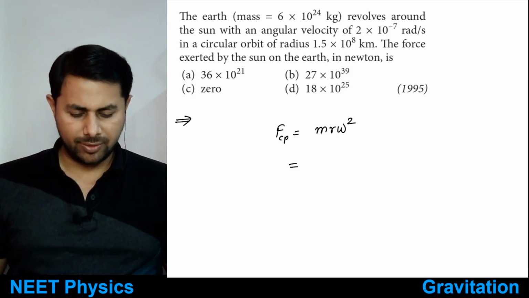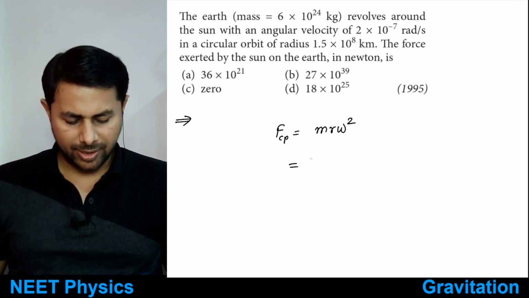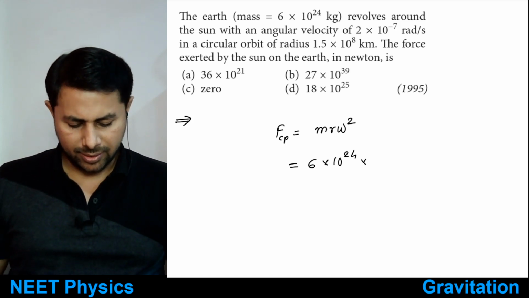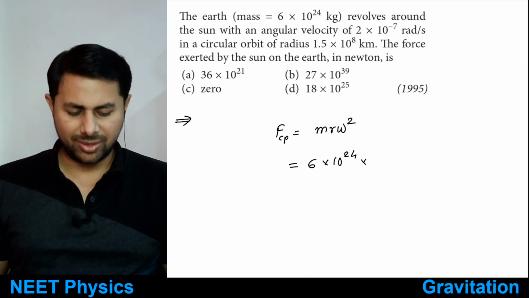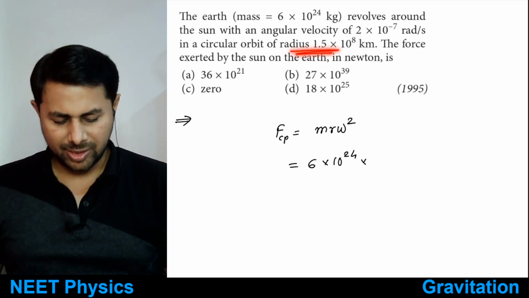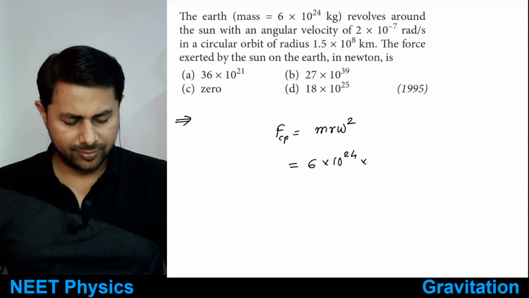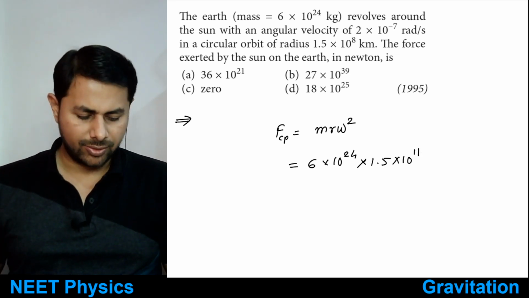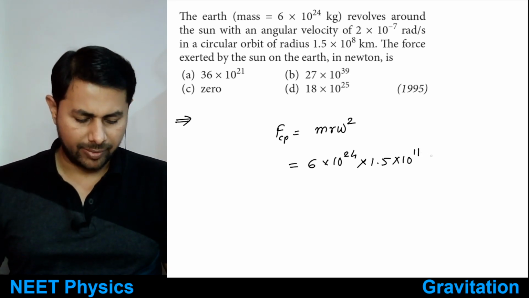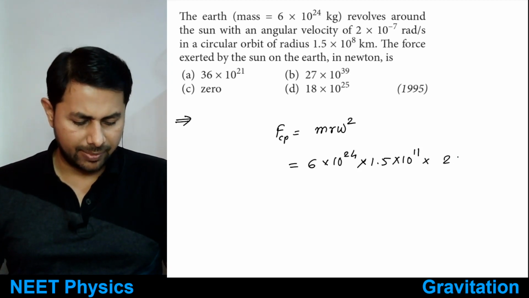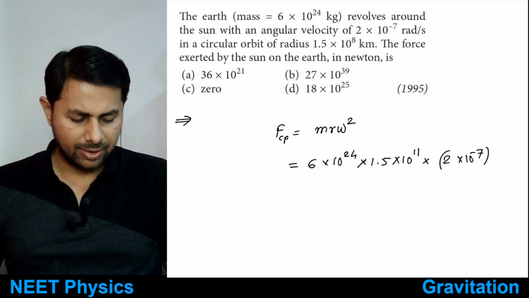So let's just put the values. So mass of earth is 6 multiplied by 10 raised to 24 kgs. Then the radius, radius means not the radius of earth, radius of revolution. Okay, radius of the circular orbit, it's 1.5 multiplied by 10 raised to 8 in kilometers, but then we need to convert it to meters. So 1.5 into 10 raised to 11 multiplied by omega square. So 2 multiplied by 10 raised to minus 7, and you have square of that.